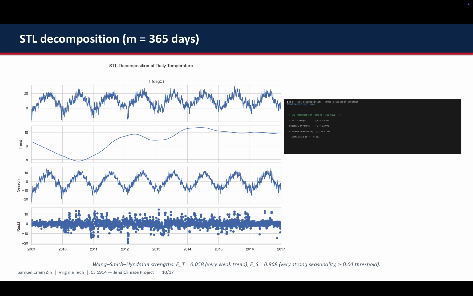The convention is that above 0.64 counts as strong, so the trend is almost negligible, while seasonality is unambiguously dominant. This is consistent with what we saw in the rolling mean slide and gives the clearest mandate yet. Any model that doesn't explicitly handle the annual cycle is going to lose.